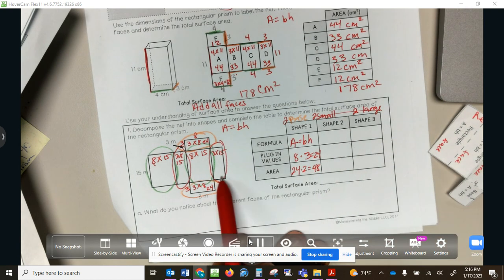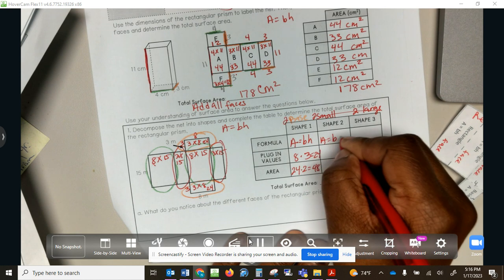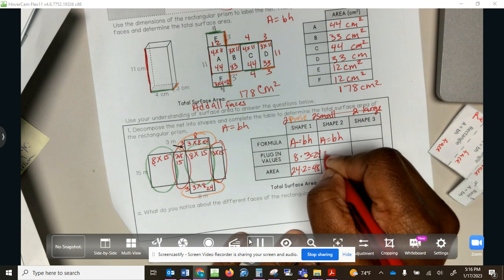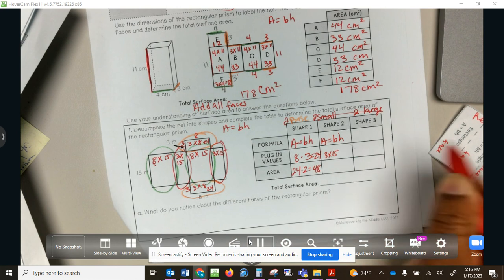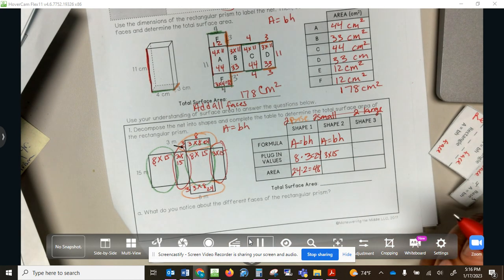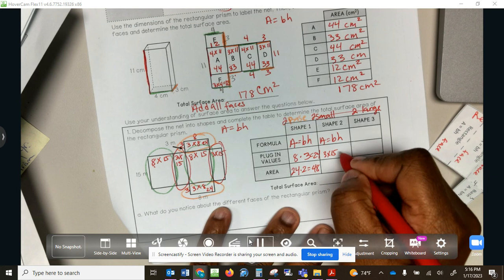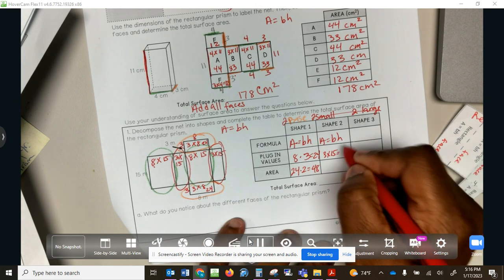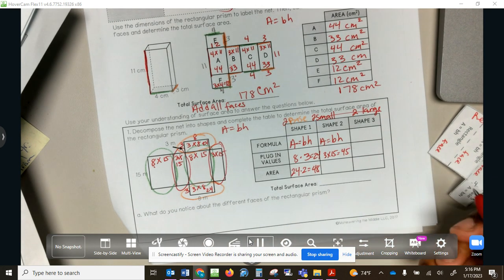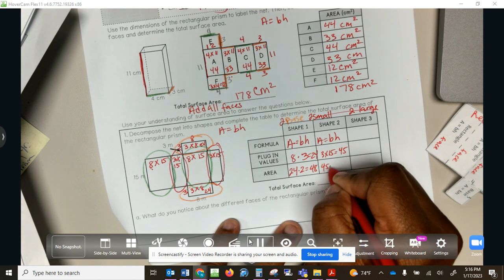Then I have the 2 small rectangles. So again, area equals base times height, 3 times 15, 15, 30, 45. So that's 45, but we have 2 of those. So I could say 45 times 2.